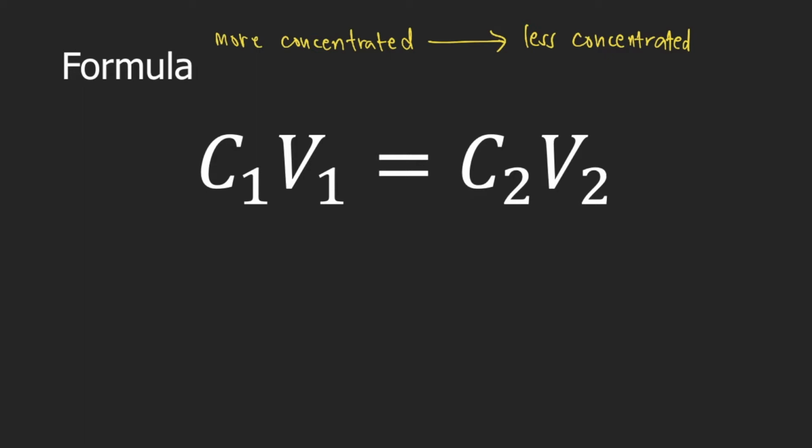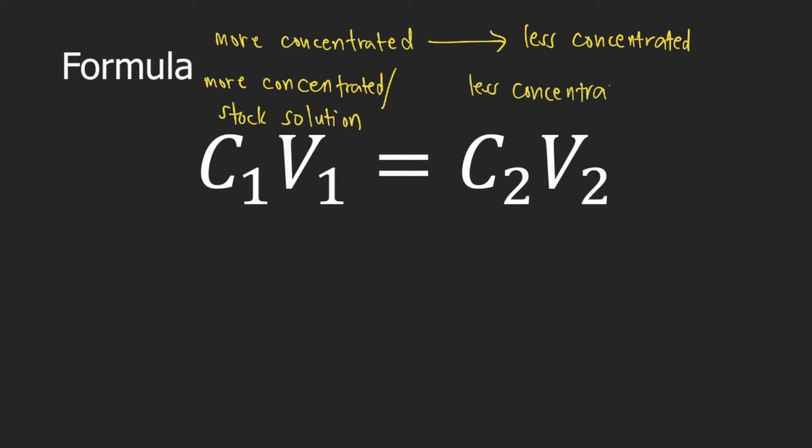The left side of the formula is for the more concentrated solution, or, if you read other references, they call this the stock solution. The right side of the formula is intended for the less concentrated solution, or the other term is dilute solution.